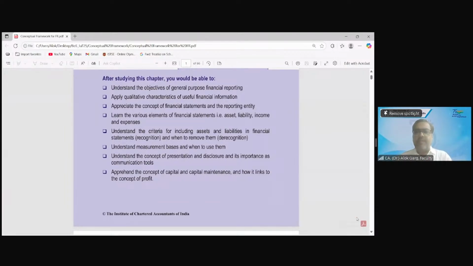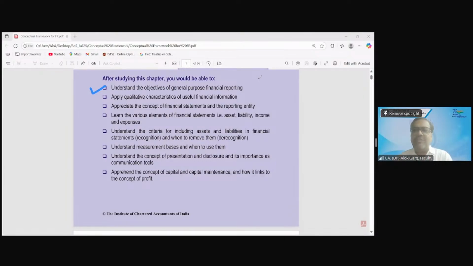After reading this conceptual framework for financial reporting, you will be able to understand the objective of general purpose financial reporting. In Ind AS 1, you remember we covered general purpose financial statements, with the example of Mr. Ambani.